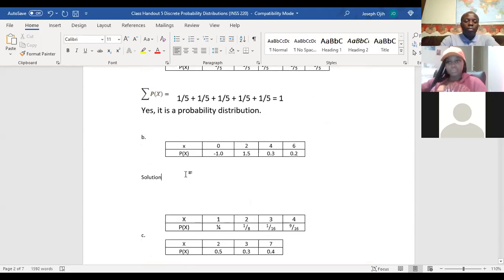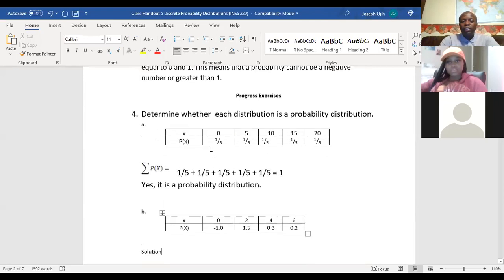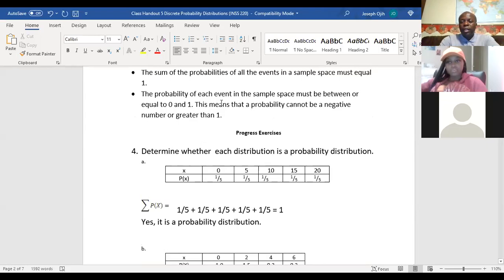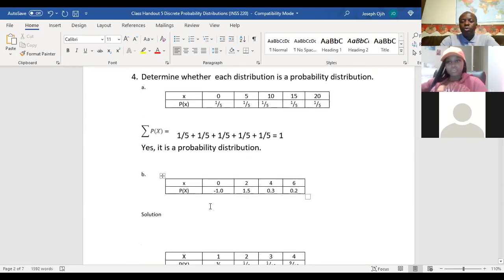So you have it in this form. We look at it already: one of them is negative, which violates this rule here. This rule says that they can never be negative. So it is not, and this one is bigger than 1.